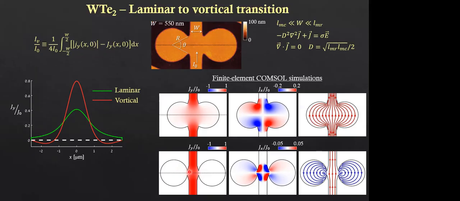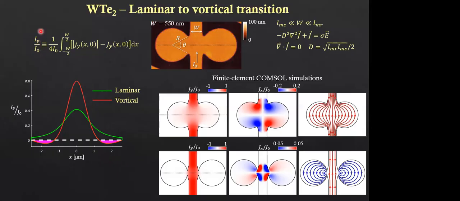On the other hand, if we are in the vortical regime, then the current profile Jy looks like this red curve here. And the integral takes these two regions, the area under this red curve, these two pink areas, and what they represent is how much current is flowing in the opposite direction.